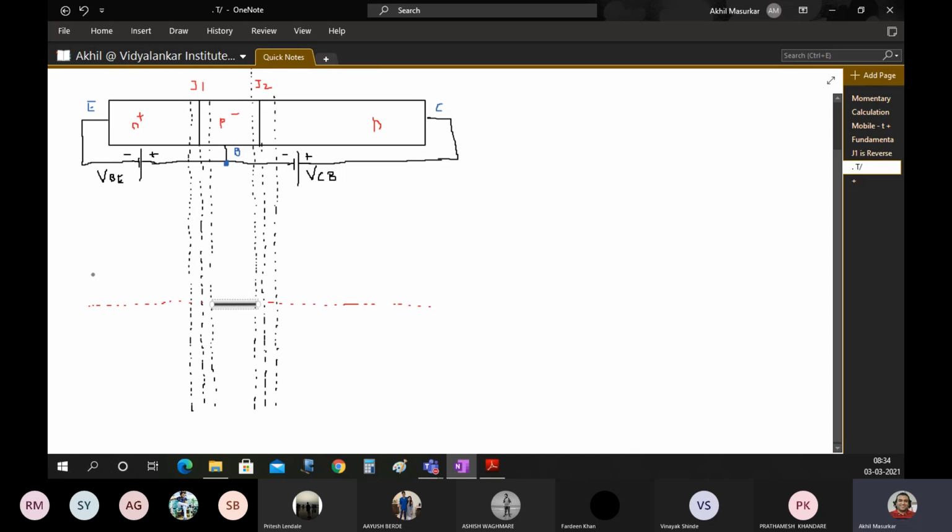So here the Fermi level in the emitter will come up, like this, and here, what are you injecting? Holes inside N. So the probability of finding electrons is going to come down.